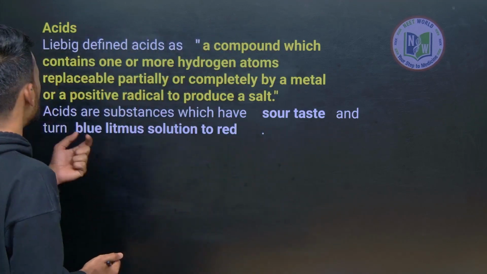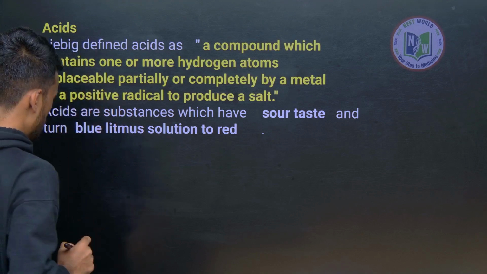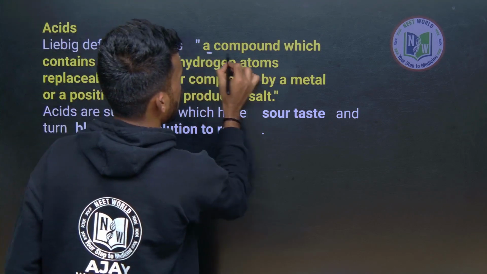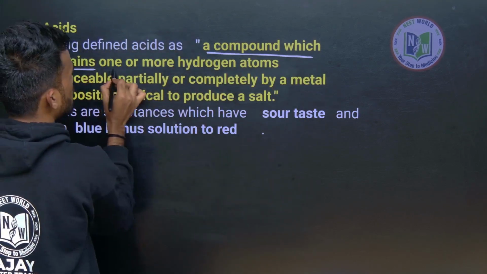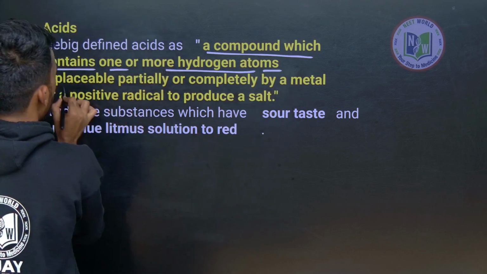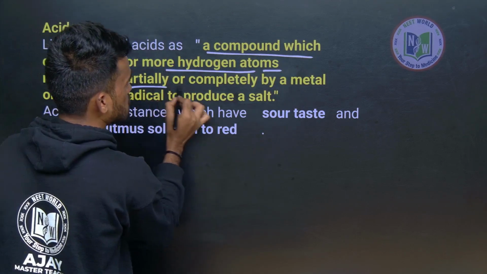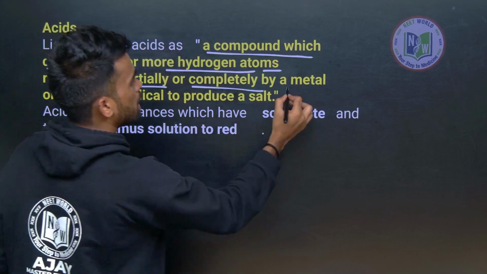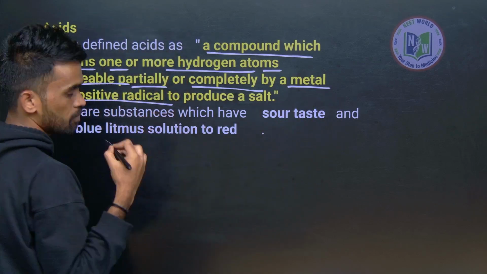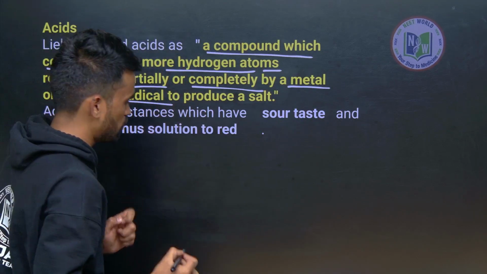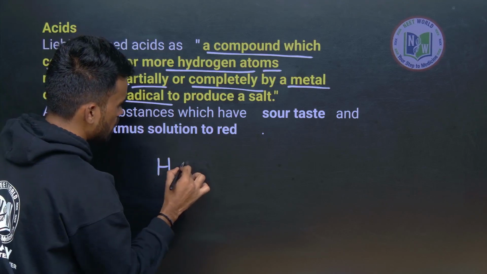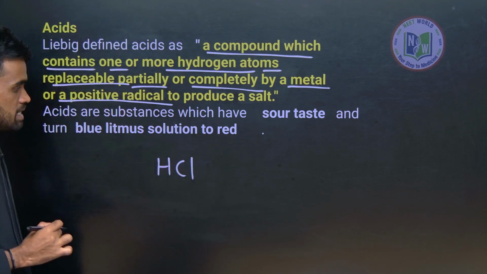So according to Liebig, an acid is defined as a compound which contains one or more replaceable hydrogen atoms. These are hydrogen atoms which are replaceable either partially or completely by a metal or a positive radical to produce a salt. For example, let us say we have hydrochloric acid, HCl.